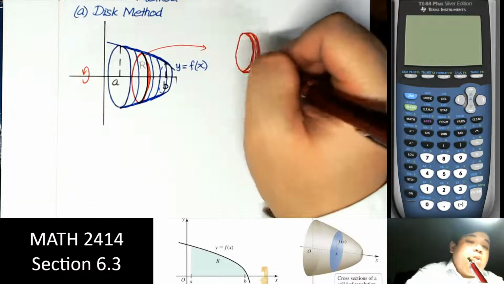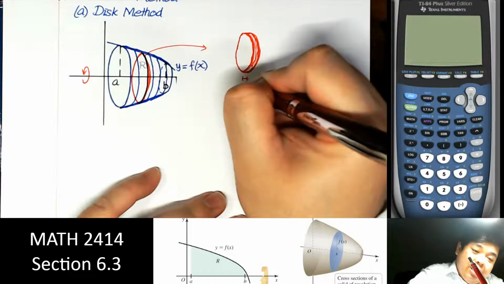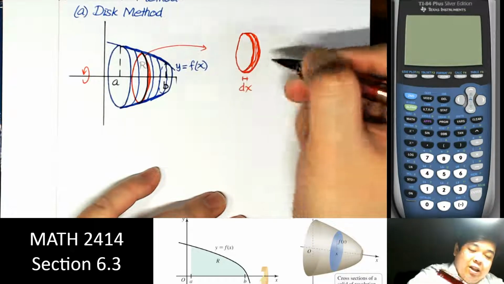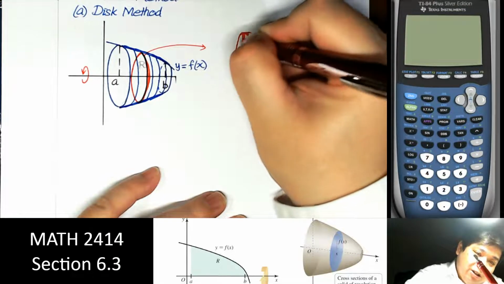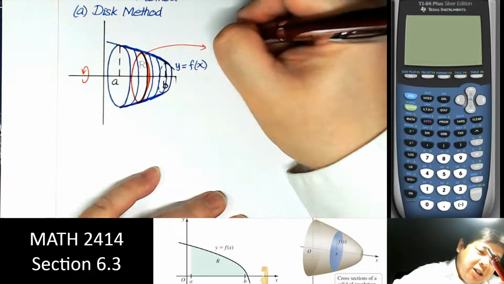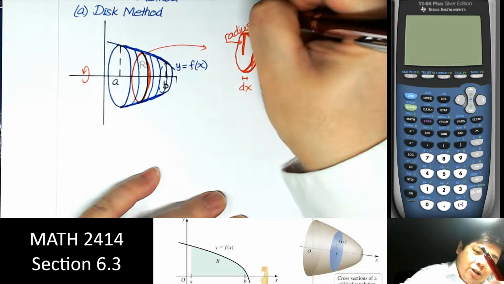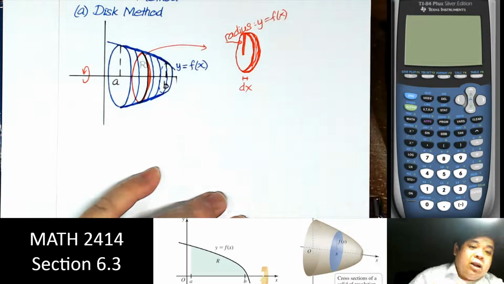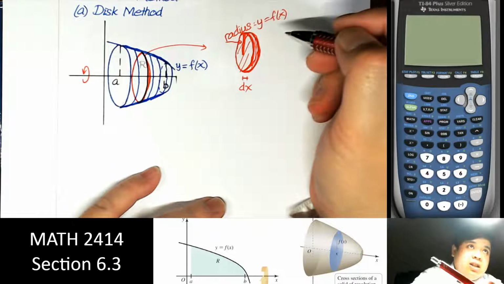Anyway, we take one slice, the width here is going to be dx, and we still have the function as the radius, and the cross section is just the area of a disk.